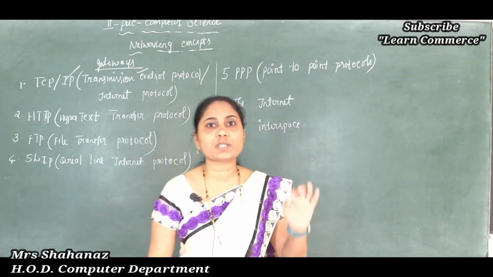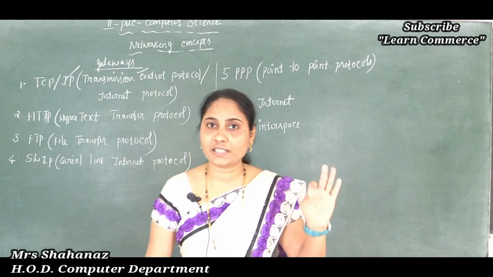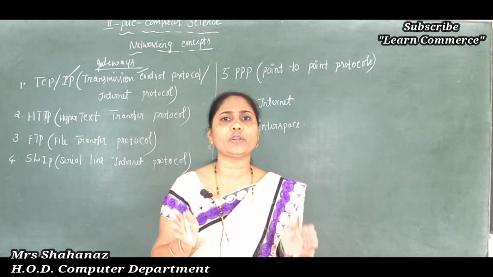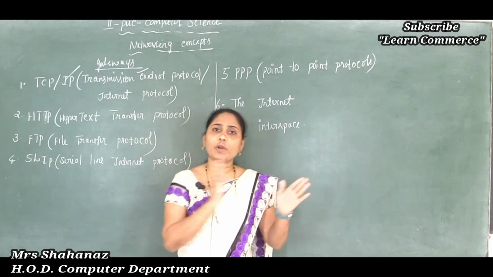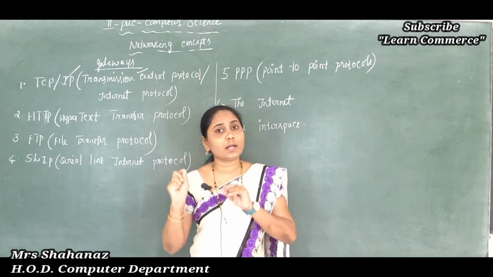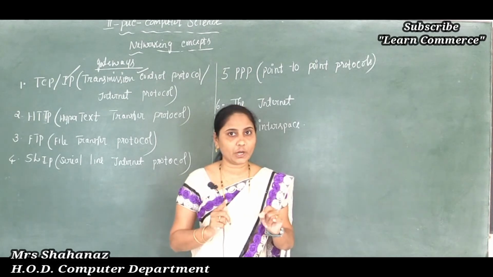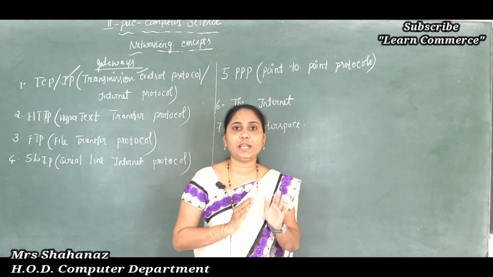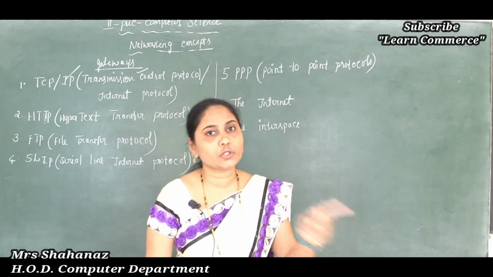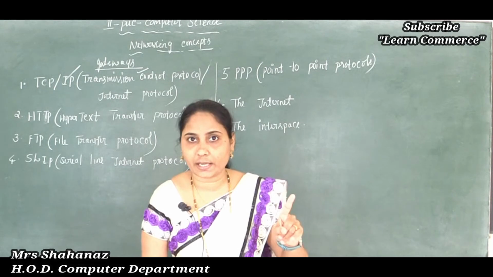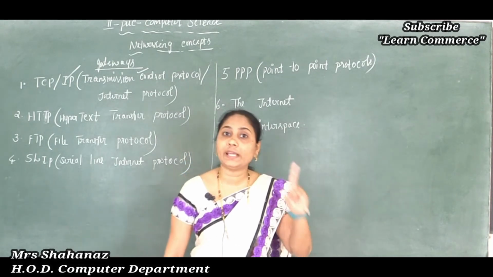So this is about some points in the case of TCP/IP. I just want to tell you that the computer makes a connection from one computer to another computer. To connect the computers, or to pass any information from one computer to another, we should know the internet address of each computer.